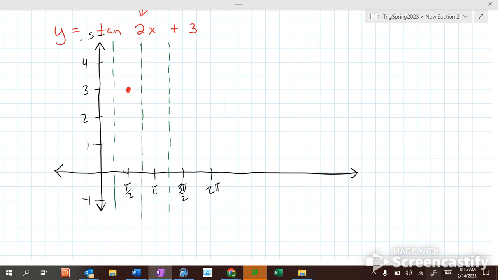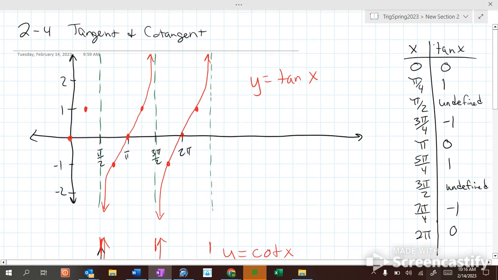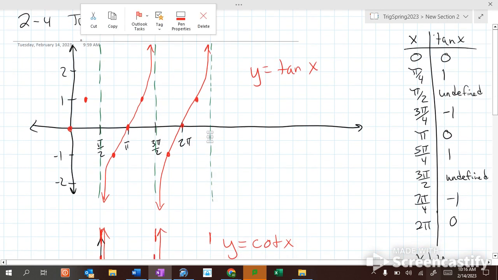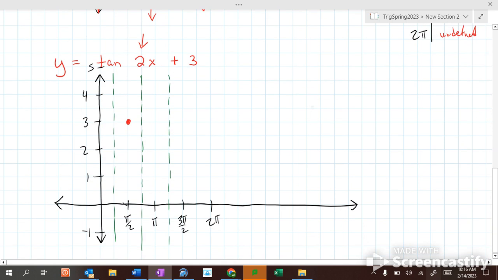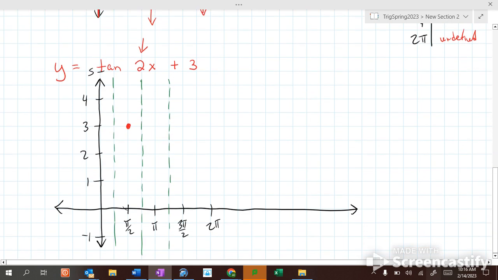Okay? Then halfway in between this and my asymptote, I should be up how far? 1. Because halfway in between here and here, I went up 1, right? So if I go to here, halfway in between here and here, I should be up 1.